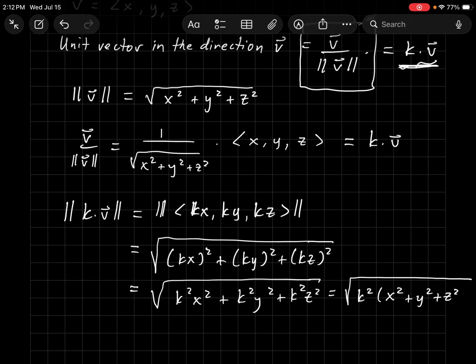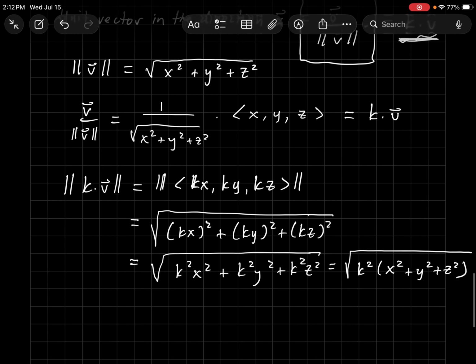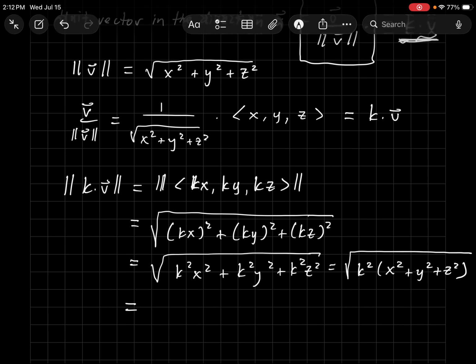And then just a couple more steps in our proof here. Notice that we have the square root of k squared, which is going to be k, and then times the square root of what's left over, x squared plus y squared plus z squared.